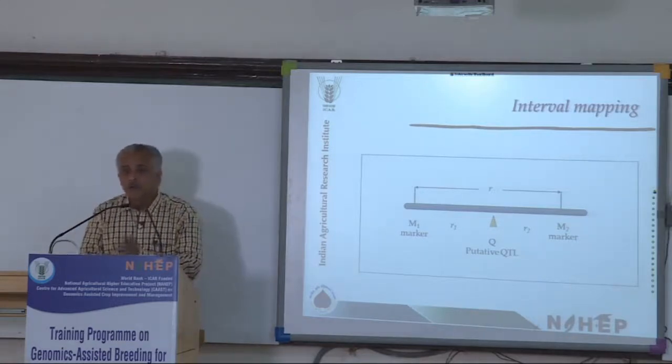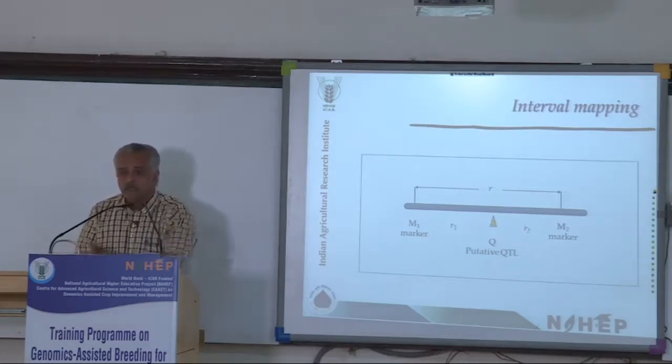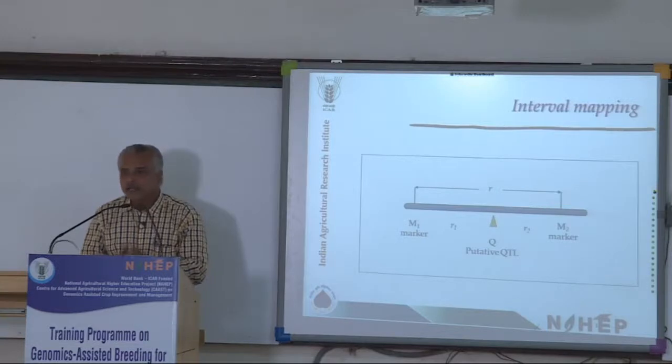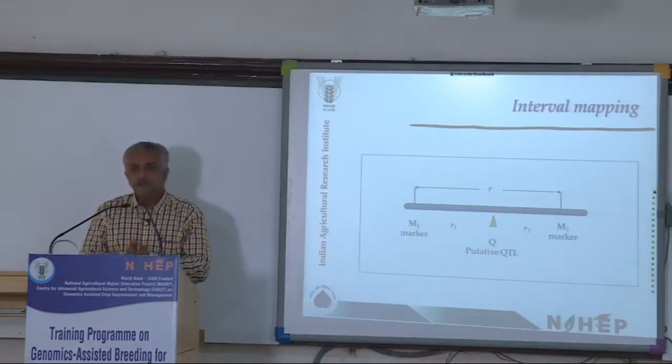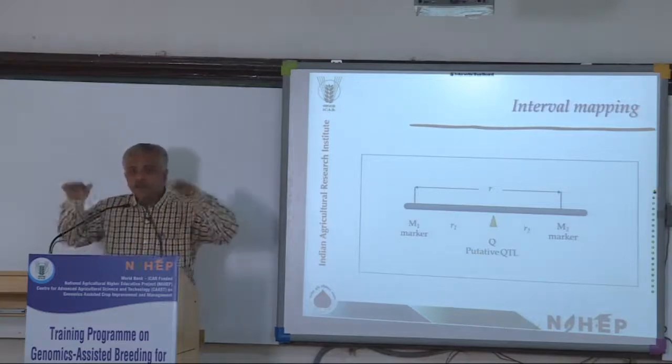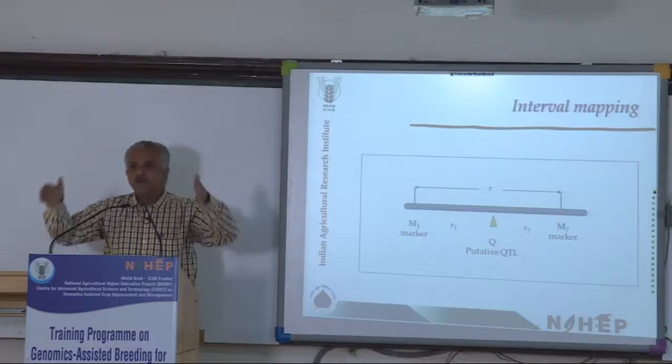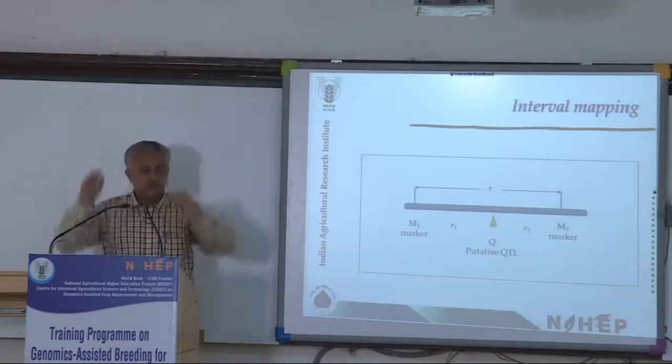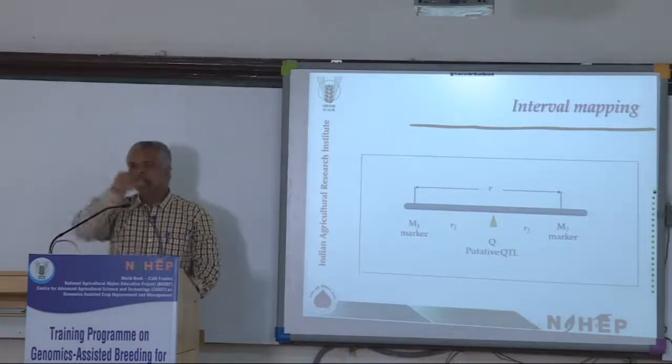Once you have the probability of identifying the QTL at every distance, you can calculate the log value, right? Because it is a ratio. Then if the log value increases in between, you will be able to draw a graph, and you get the peak graph.